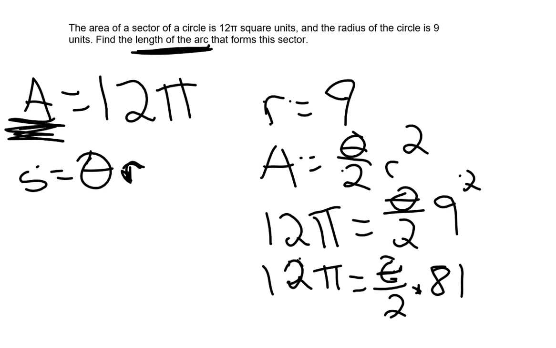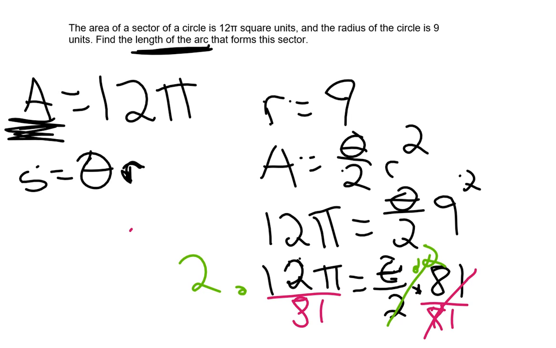To get rid of that 81, I can divide both sides by 81. So those are going to cancel out. And then I can also multiply by 2 and multiply by 2. So if I look at this, it's kind of ugly looking, but it's solved. I've got theta all alone over here.